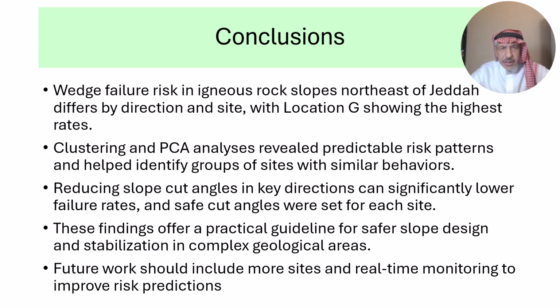Reducing slope cut angle in key directions can significantly lower failure rates, and safe cut angles were set for each site. These findings offer a practical guideline for safer slope design and stabilization in complex geological areas. Future work should include more sites and real-time monitoring to improve risk predictions.